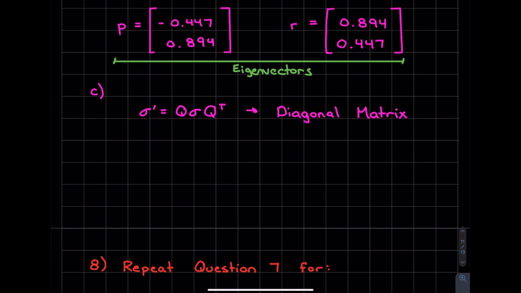So I'm going to come down here and say, all right, well, I know that sigma prime is going to be equal to, and I'm just going to put my brackets in. Basically, when you're dealing with these matrices, you're just playing a big game of fill in the blanks. So I come down here, and the first thing we say, all right, it's 2 by 2. It's going to be diagonal. So these two have to be 0 because it's going to be diagonal. And remember that we said that the diagonal components are going to be the eigenvalues.